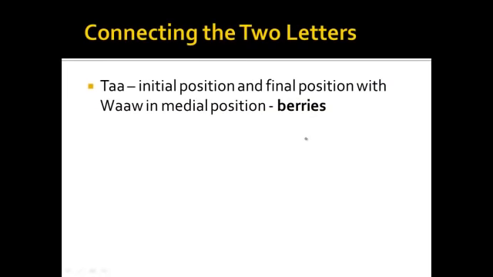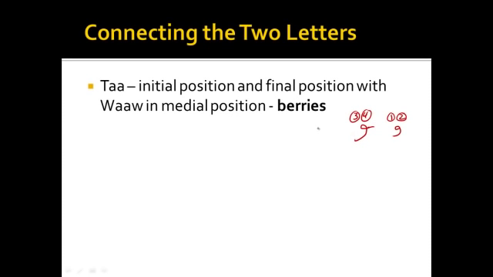Okay, let's look at the ta and the wow in a complete word. So here, and I'm going to change my color again back to red. Okay, so now if we remember our 4 positions, here we have the wow in the first and second positions, and we have the wow connecting in the third and fourth positions.